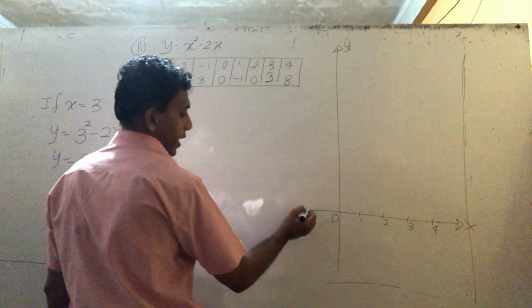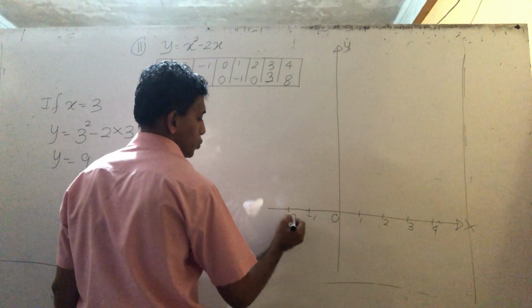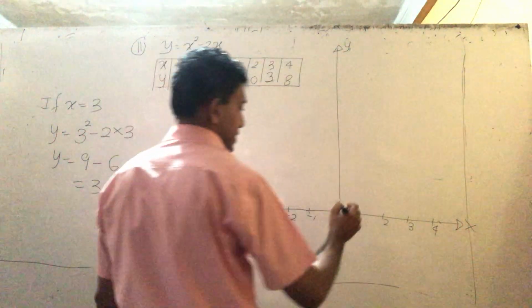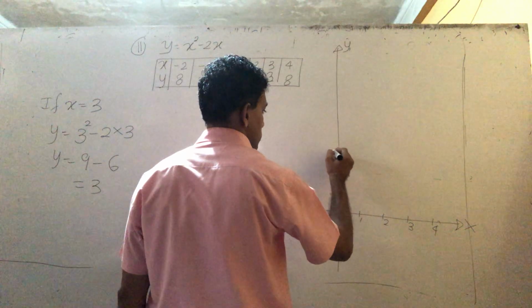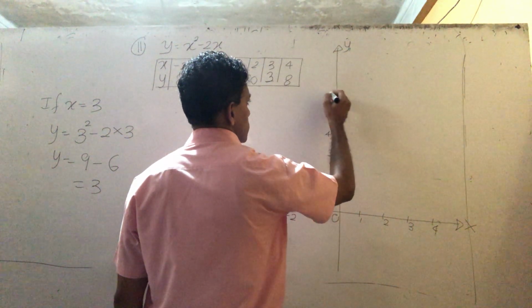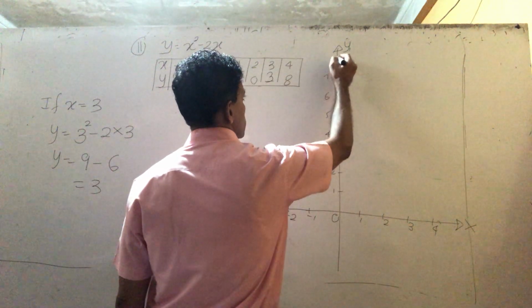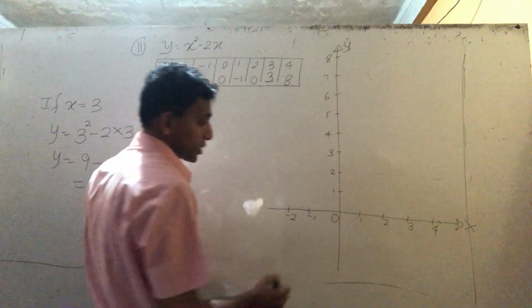X up to 4, negative on the left-hand side, here minus 1, minus 2, here up to 8, and below minus 1.